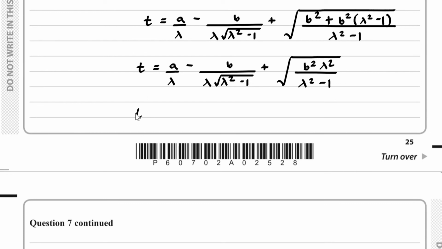So we have t equals a over lambda minus, now here this bit remains the same, and then here on the top b lambda.